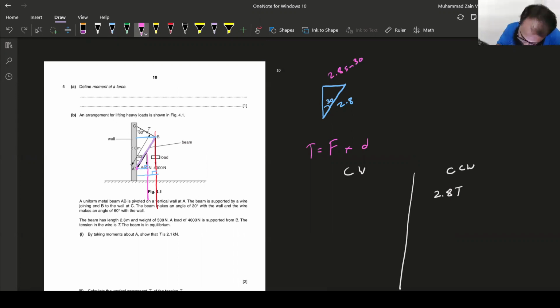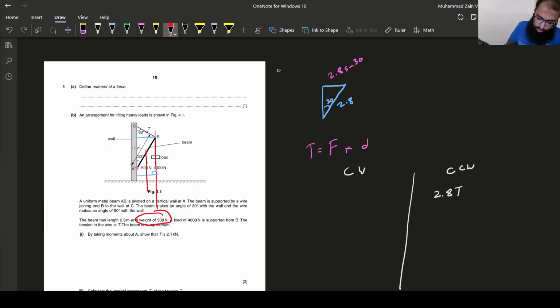And then obviously I know that this 500 Newton is due to the center of mass, because if you could read it, it's the weight, and the beam has length 2.8 meters and weight of 500 Newtons. So if it's weight and it's acting at some point, that's the center of mass, which is at the center of the beam. So obviously this is exactly at the center. For that, I could easily locate this, it's exactly half of this. This point lies exactly in between the previous point.